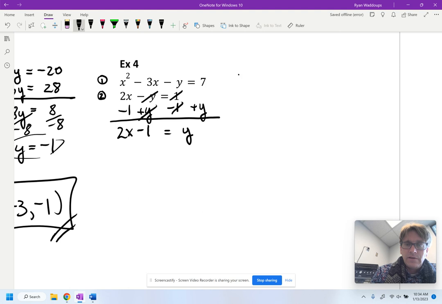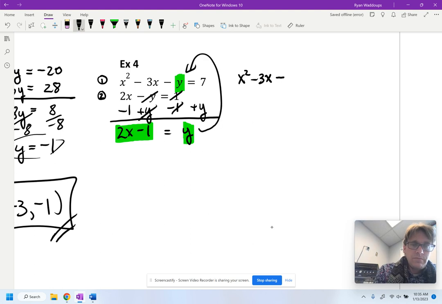So I've got x squared minus 3x minus, and then I'm going to put in y. Here's y on the second equation, and y is equal to 2x minus 1. So I'm going to put this in here because it's equal to y.